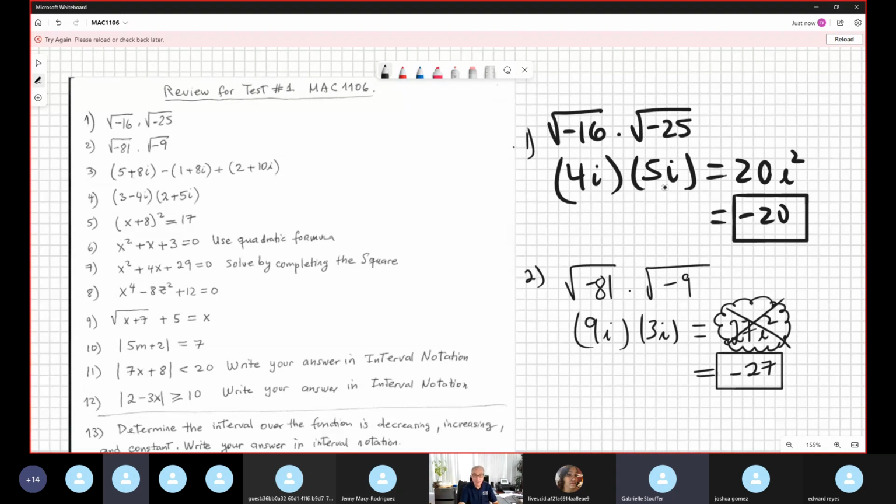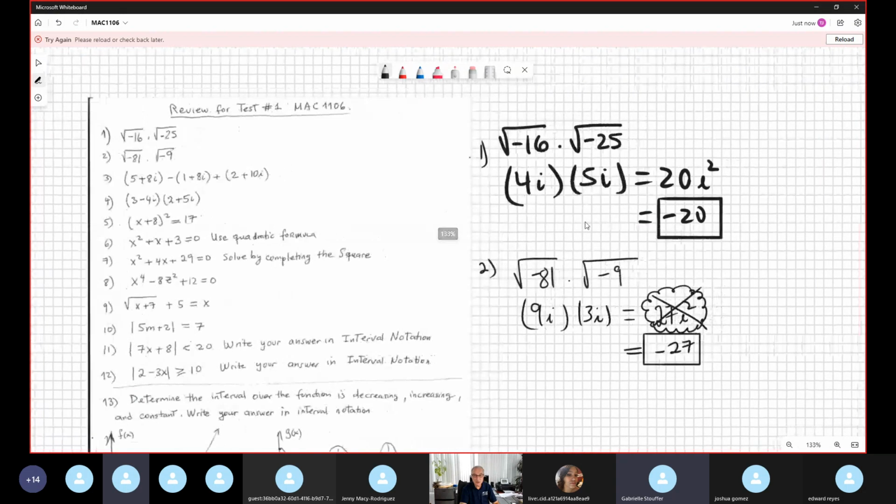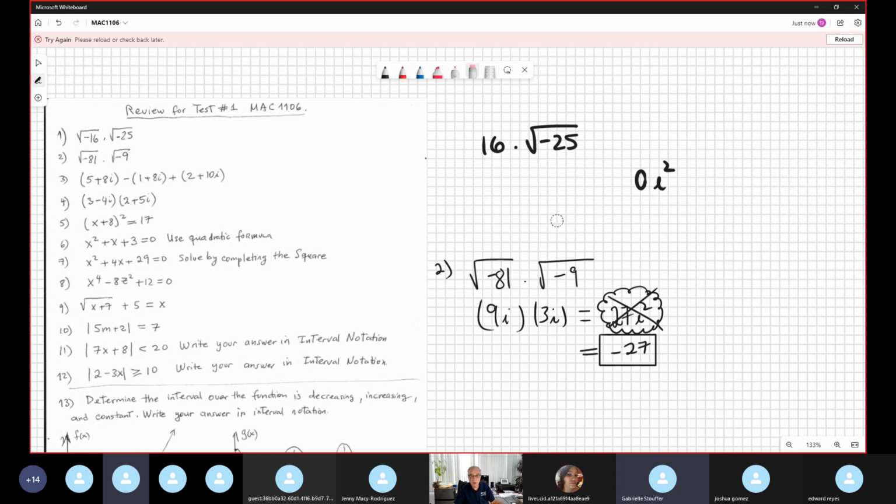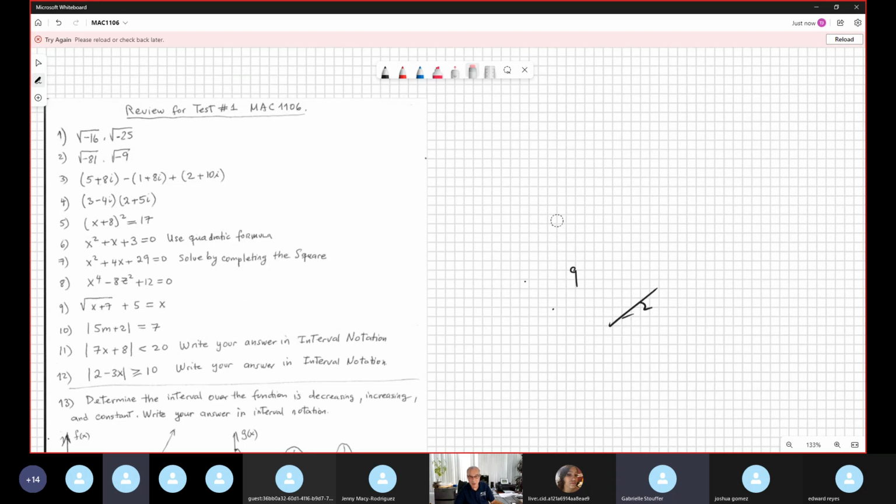Excellent. Now, number 3 is a super easy question. However, some students make a mistake because they don't realize that this is addition and subtraction, and some students apply FOIL. FOIL is only multiplication, no addition, no subtraction.